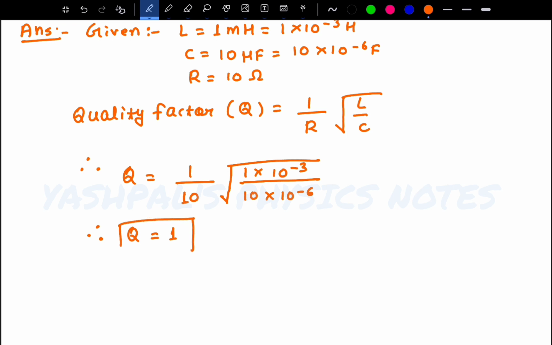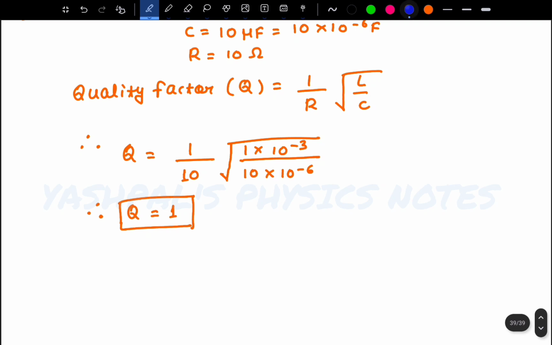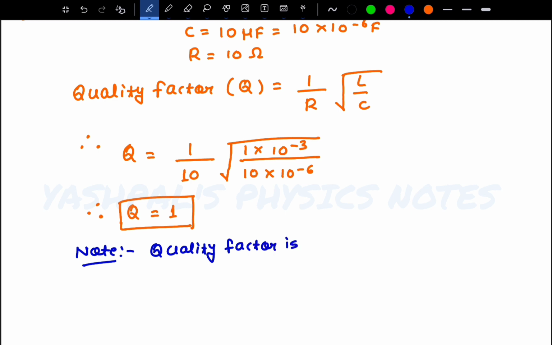Remember that quality factor is a unitless quantity. So here I am again writing a note for you: quality factor is a unitless quantity.